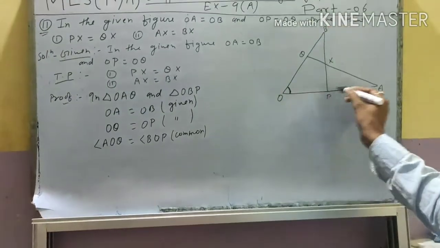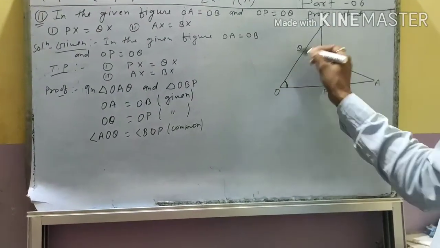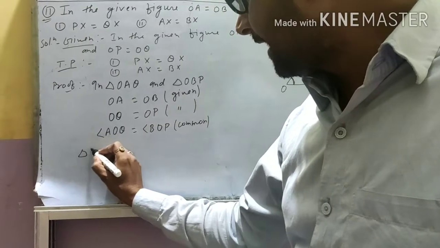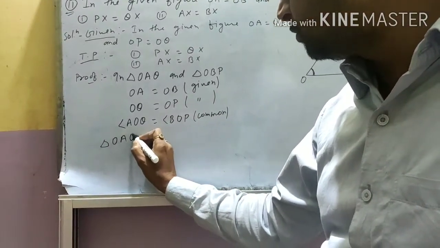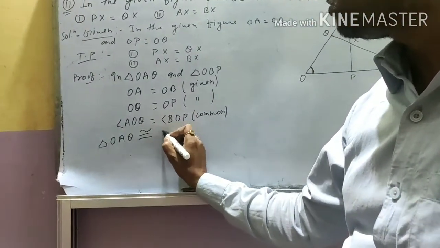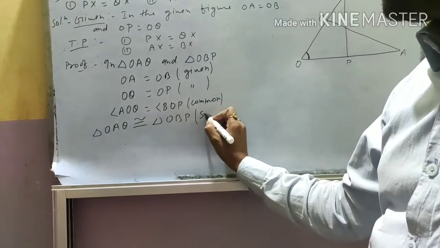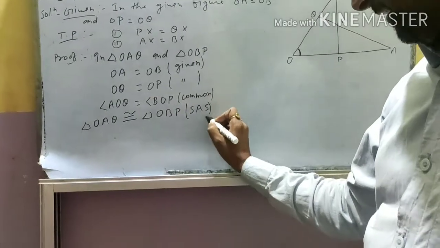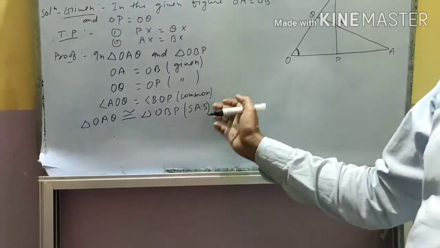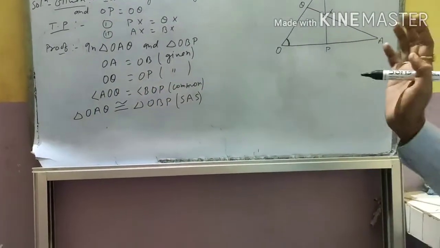Then side, angle, side: triangle OAQ is congruent to triangle OBP. The reason is side angle side criteria; these two triangles are congruent.